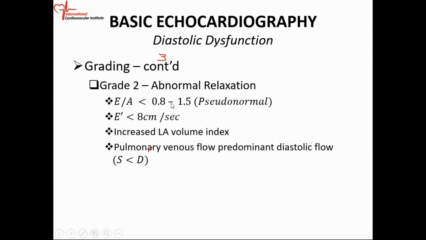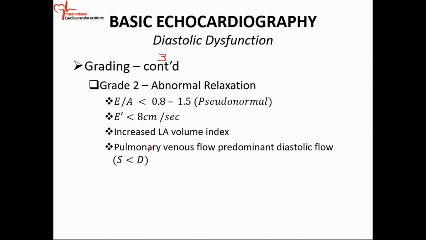So the E is bigger than the A. Your E prime, because for you to have diastolic dysfunction, the E prime has to be less than 8 or 7 centimeters per second. You're going to have increased left atrial volume index, and the number to remember is 34 mLs per meter square. And then we talk about the TR velocity. The number to remember is 2.8 meters per second.